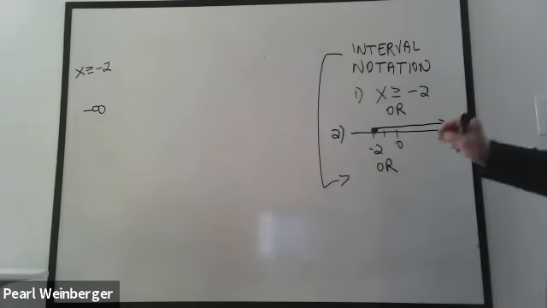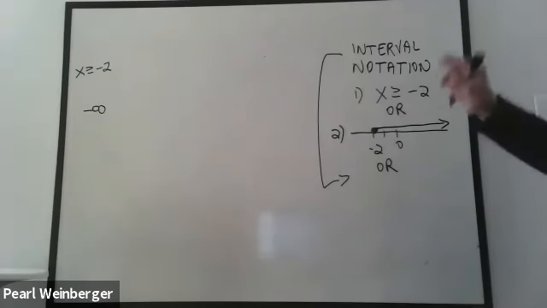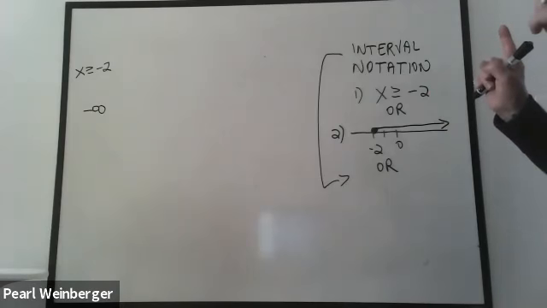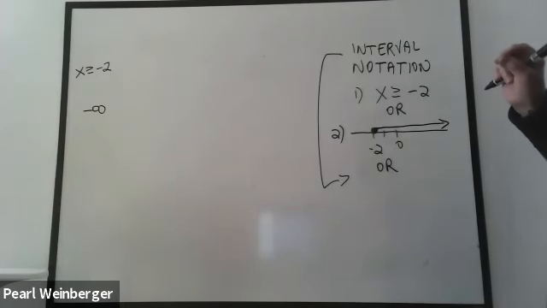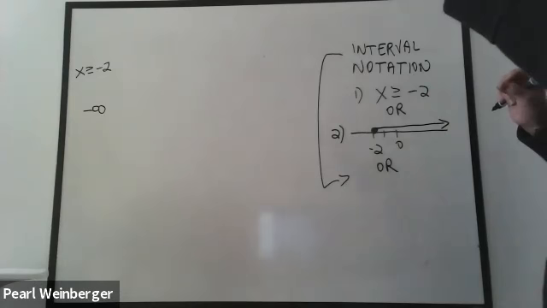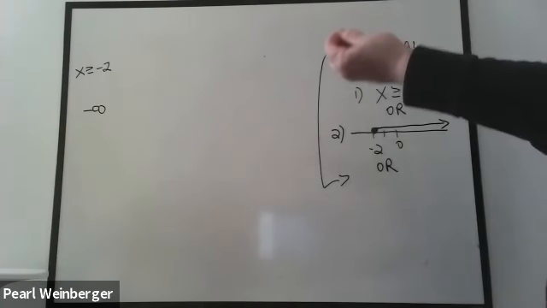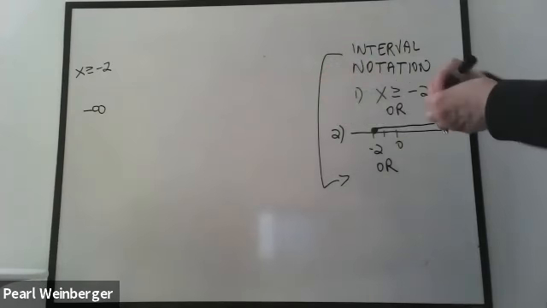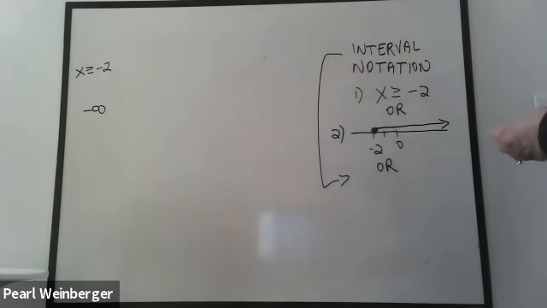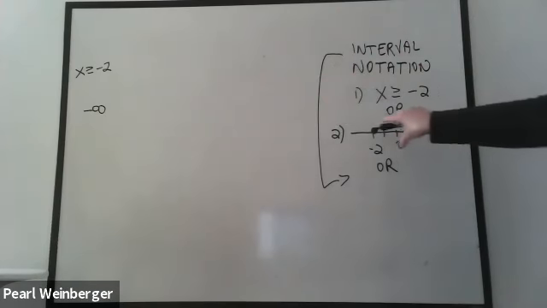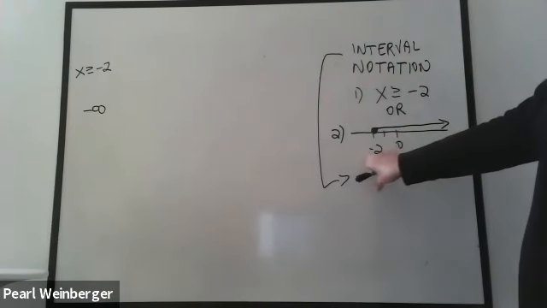In interval notation, all you do is put the two numbers separated with a comma, where the number on the left is the start of the interval and the number on the right is the end of the interval. In other words, you don't have to draw the picture, you just put in the numbers.